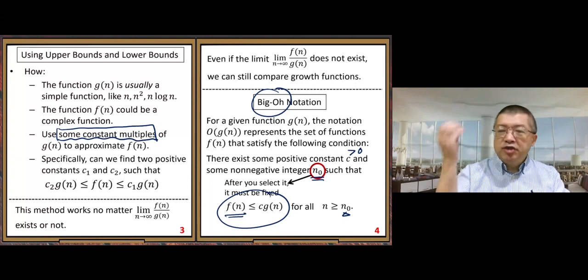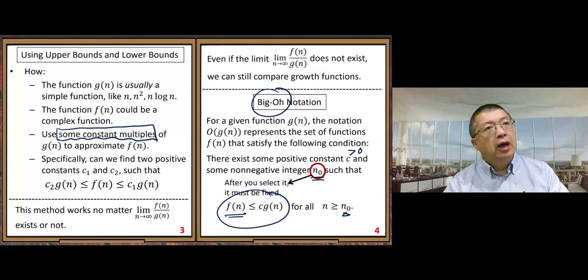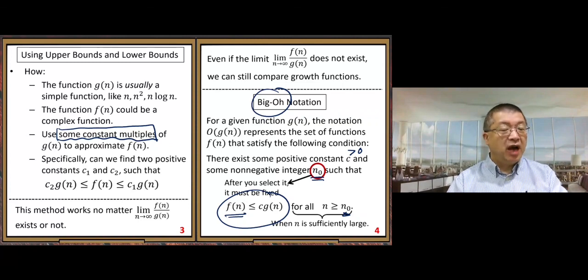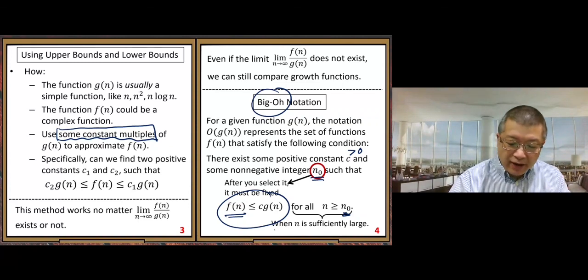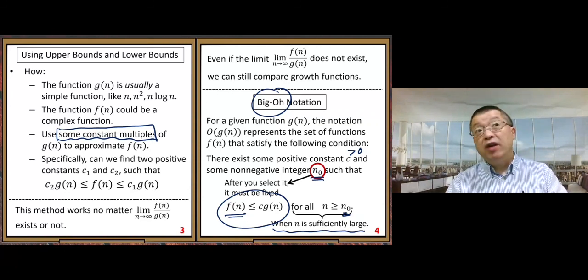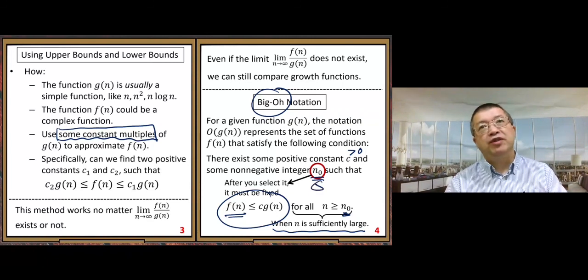For that kind of special reference point n0, sometimes we may not mention n0. We can use this kind of vague wording: when n is sufficiently large. What do you mean by sufficiently large? The meaning is this special reference point n0.